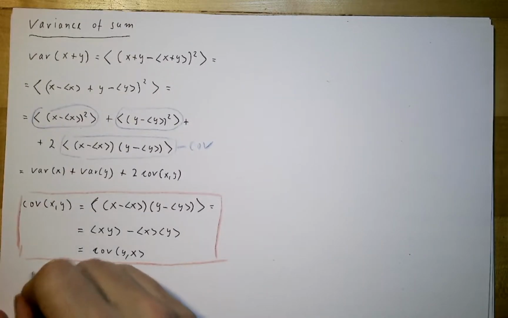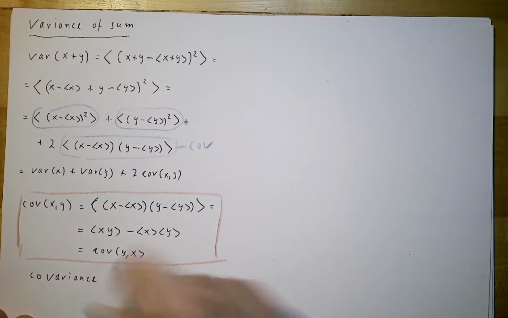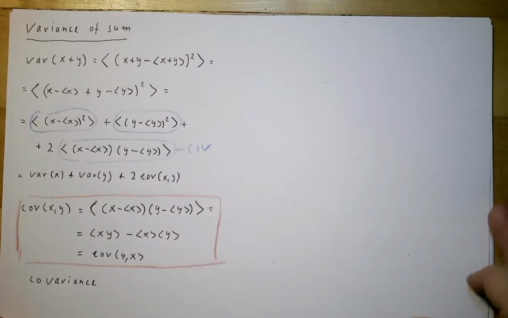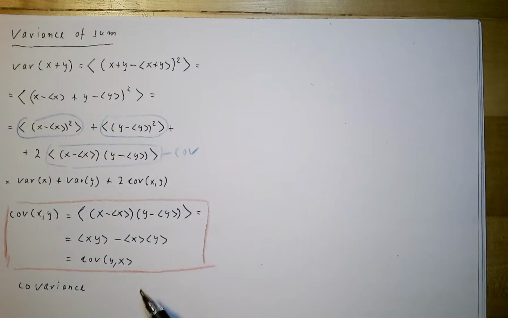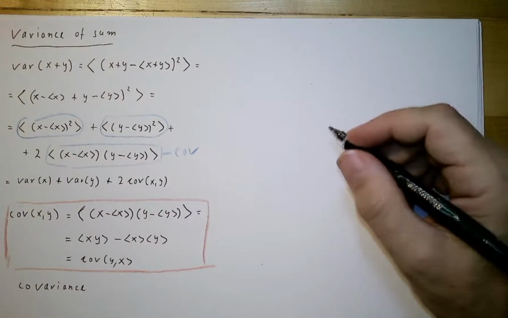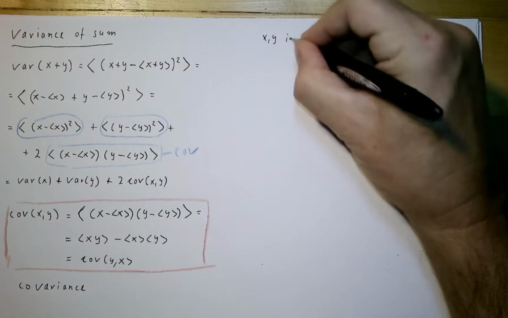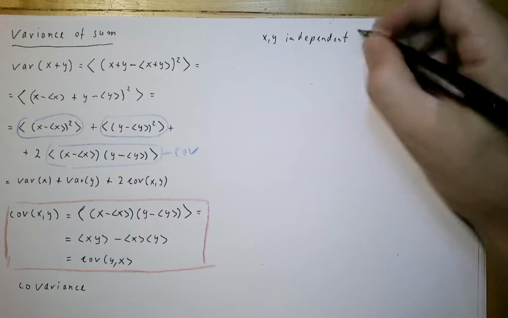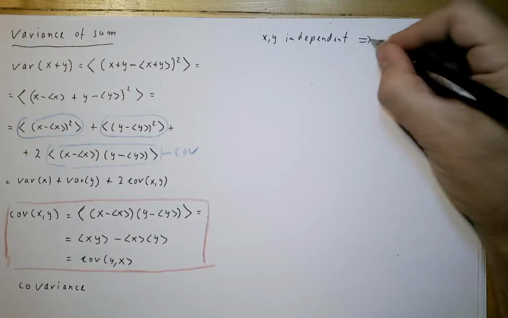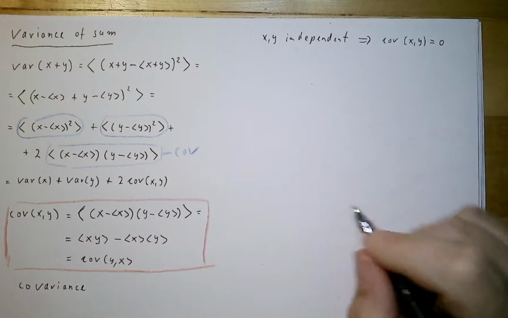That's the covariance. And so now what can we do with the covariance? Maybe some properties. If x and y are independent, then we have that the covariance of x and y equals 0.